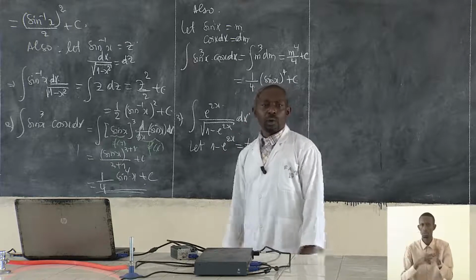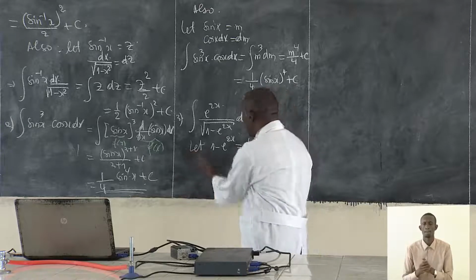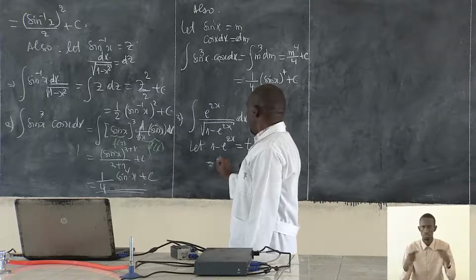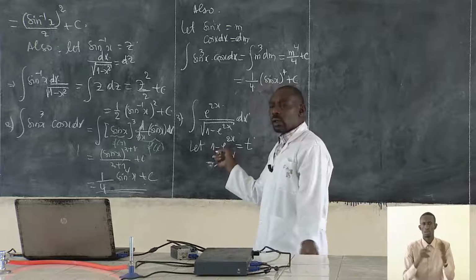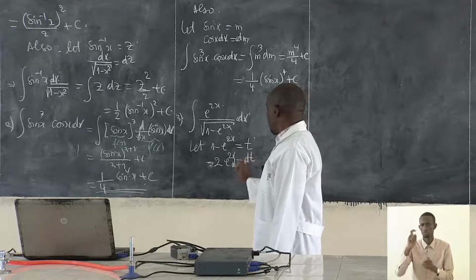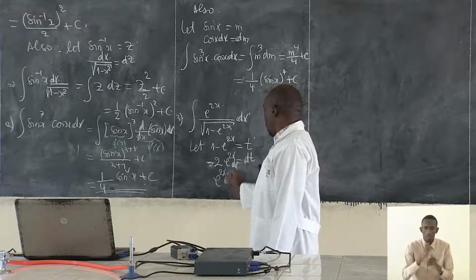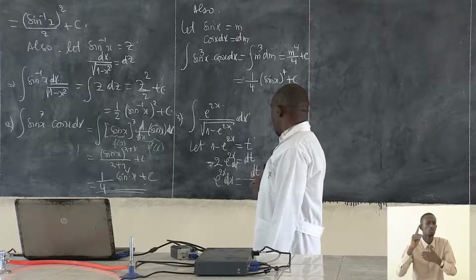I change the variable, isn't it? Then I'm going to differentiate both sides. I'll have minus 2 e power 2x, because the derivative of 1 is 0, which is equal to dt. Here you have a dx. Means that e power 2x dx is equal to minus dt divided by 2.